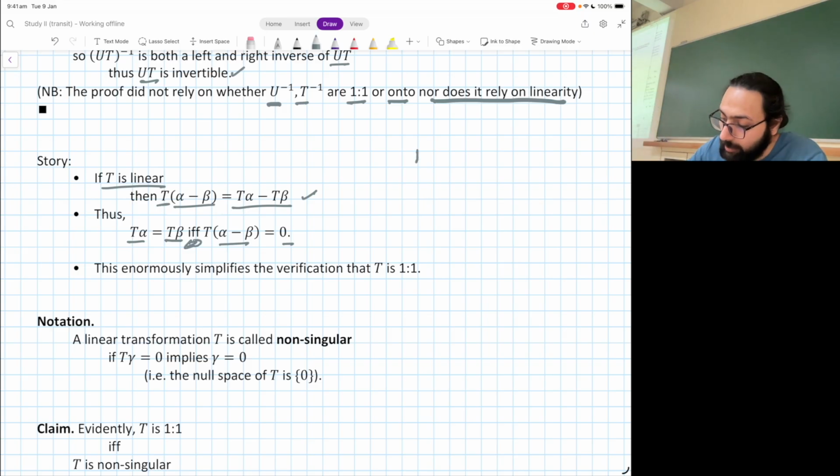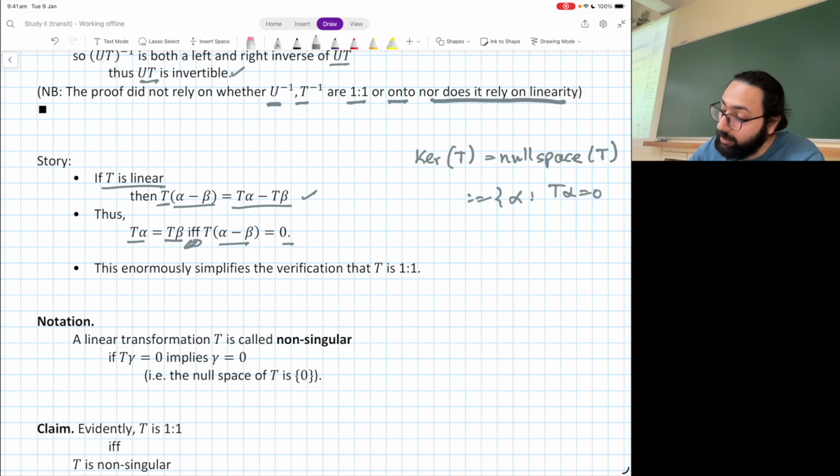I should also clarify that we use the word kernel of a map T to be the same as the null space of a map T. These are defined to be vectors alpha such that T alpha is 0.